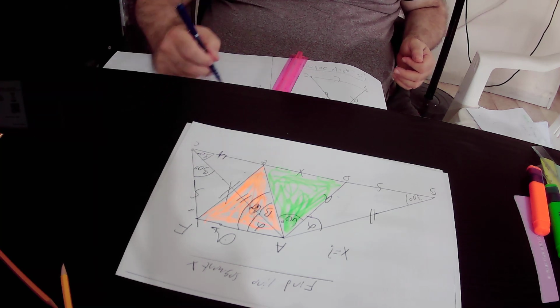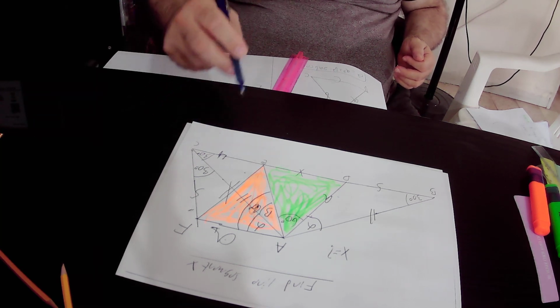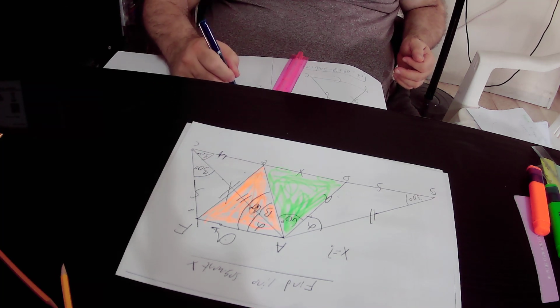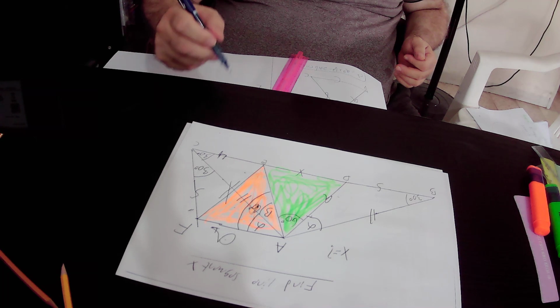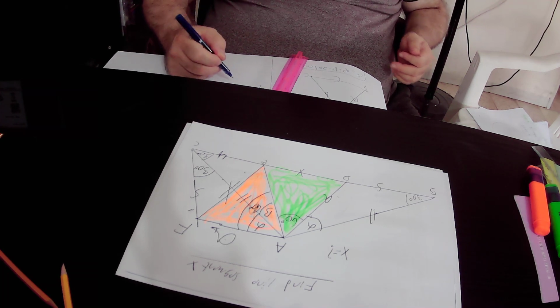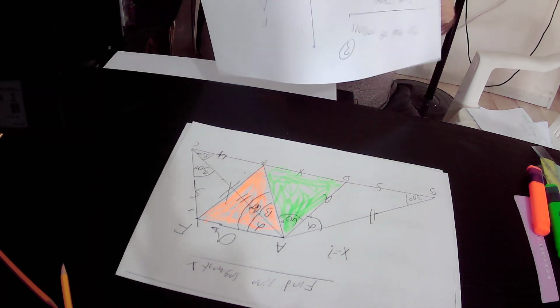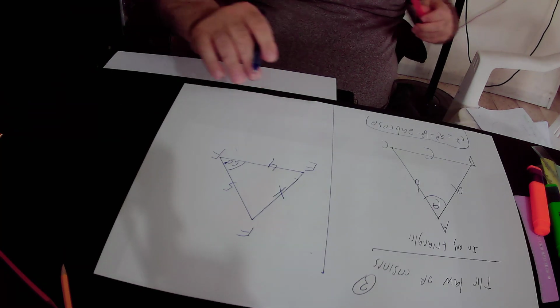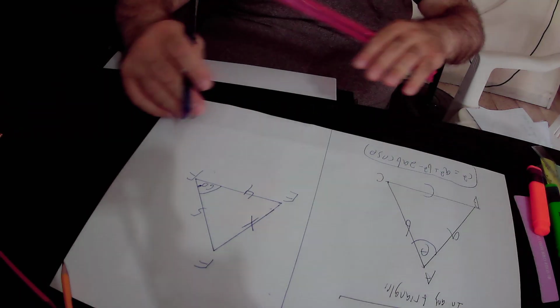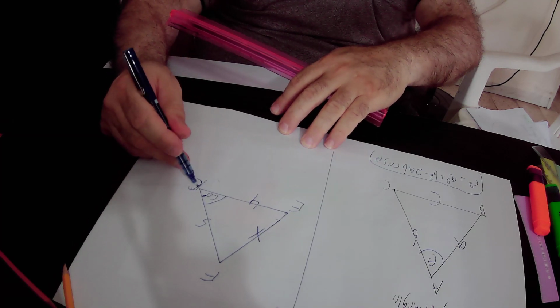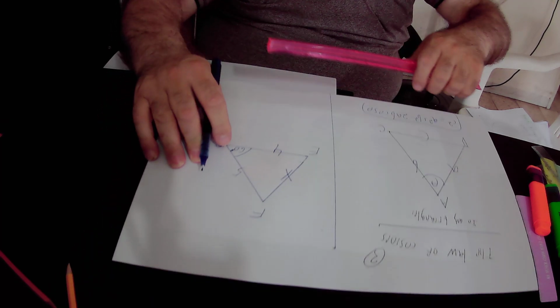Side FC equals 5 units, side EF equals X, that is the line segment that we are looking for, and side EC equals 4. So this is triangle EFC that I copied from the original drawing.